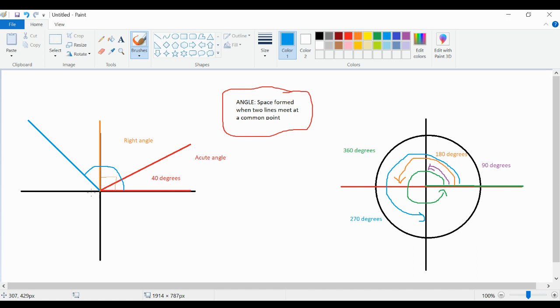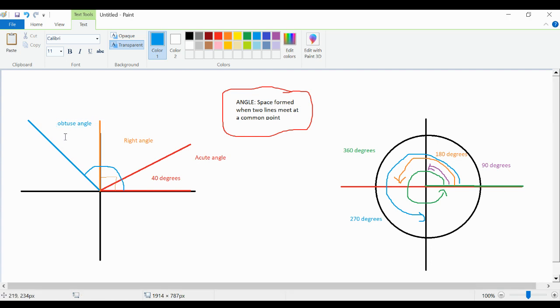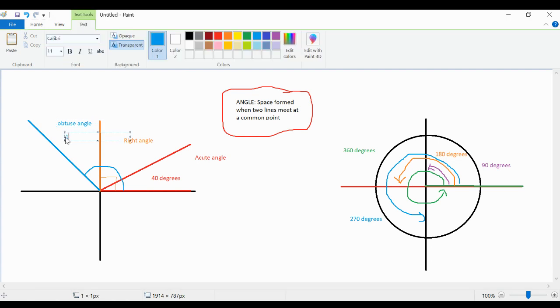If it's larger than 90 degrees, but it's still smaller than 180, we are going to call this an obtuse angle. Obtuse angle. It looks like it's around 130 degrees, so we're going to say 130 degrees. This isn't perfect measurement, but it's good enough.